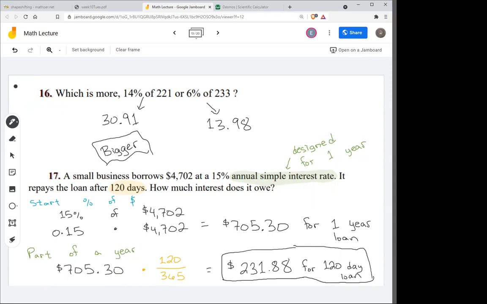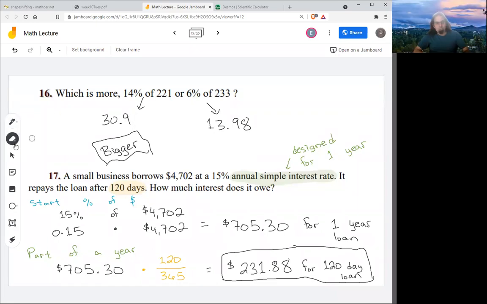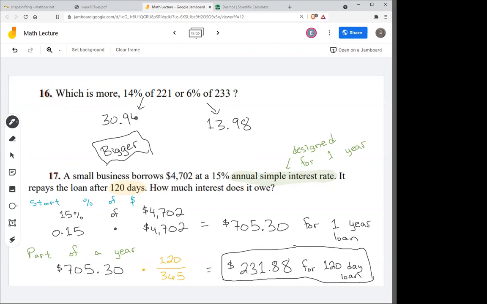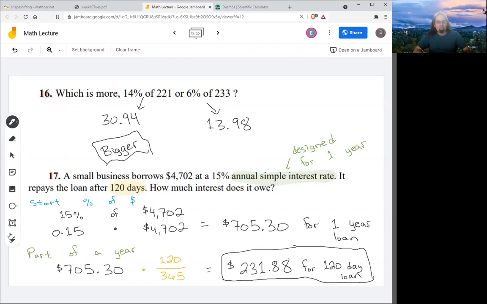So for number 16, I was going over my work and I keep getting 30.94. I don't know, why? No, it is. I just wrote it wrong. Okay, I didn't catch it at first. Okay, thank you for catching it.